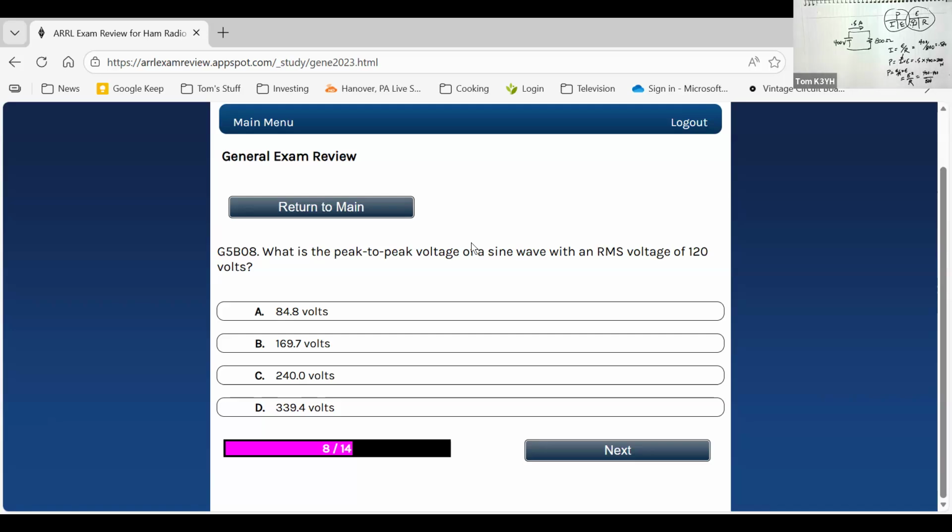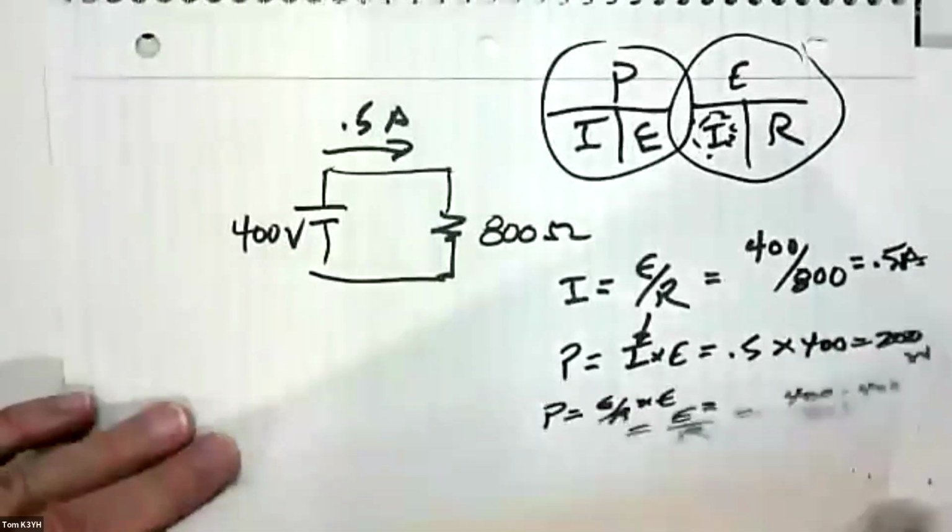By the way, this question is shown on page 4-6. There's 2 questions for AC power. Okay, this is even easier. I've got the peak-to-peak voltage of a sine wave, and the RMS voltage is 120 volts. All right, so let's show you what that looks like.